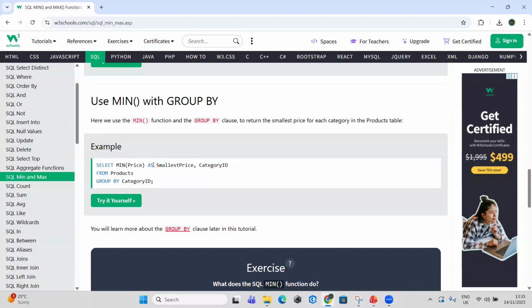When you look at it first, you think how can as have two things here. But this comma separates this from category ID.